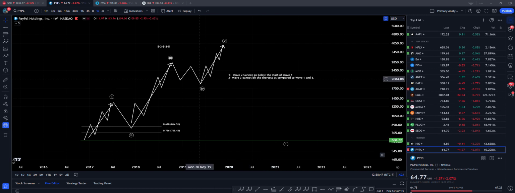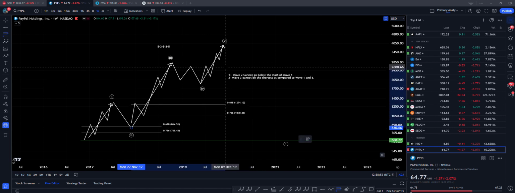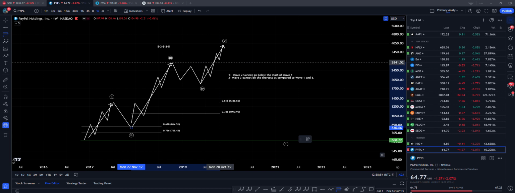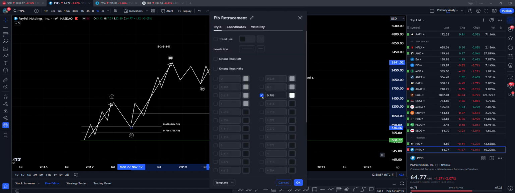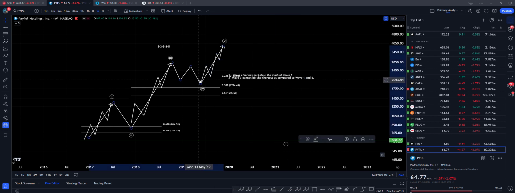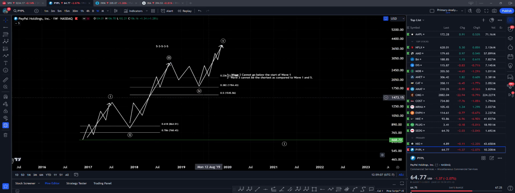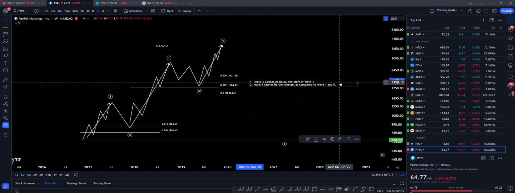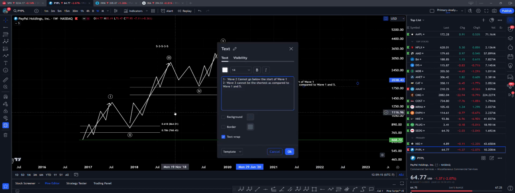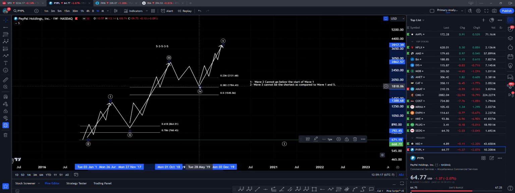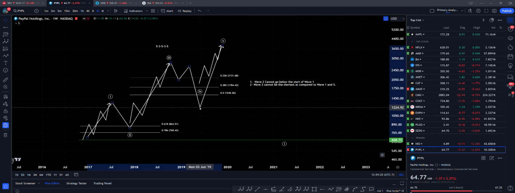Now, when it comes to wave 4, the expected retracement is either 23%, 38%, or at the max 50%. 38% is a very sweet spot. We'll see most of the waves generally getting up to 38%. We can accept 50% as well, but the third main rule, which it should not break, is to enter into the territory of wave 1. It cannot work like that.